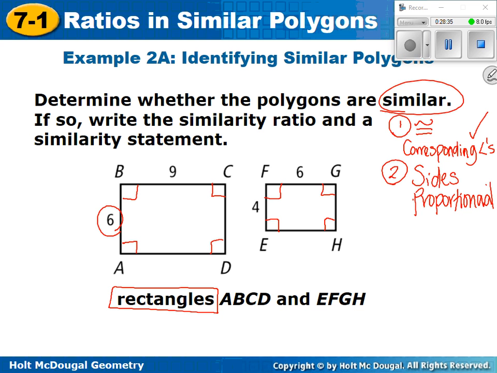What's the smallest side over here? 4. So I don't want to write 6 over 6 because that's not how they're going to correspond. The smaller and the smaller ones will match up and the bigger ones and the bigger ones will match up. So if you're not quite sure how these match up, smaller to smaller, bigger to bigger, okay? What else do we know about these missing sides in these rectangles?